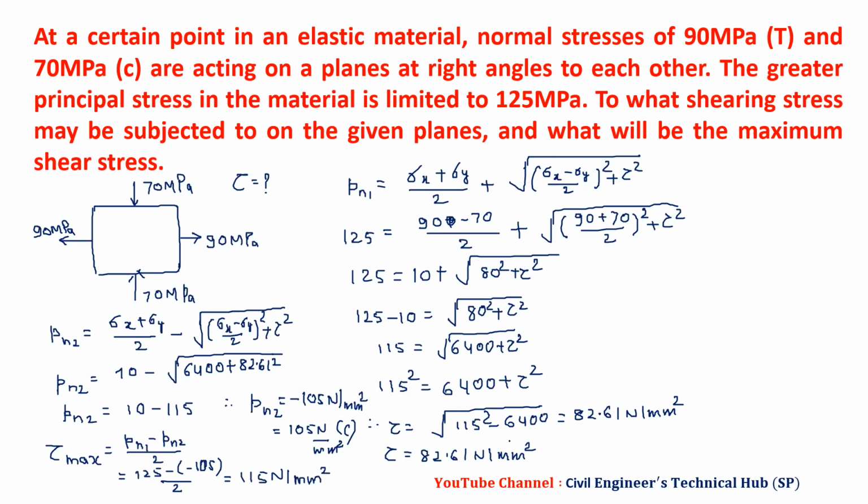And therefore we have the answers. The answer of tau is 82.61 Newton per mm square, and tau max is 115 Newton per mm square.